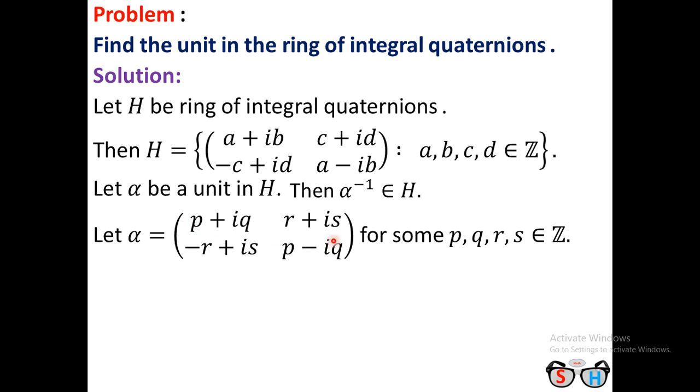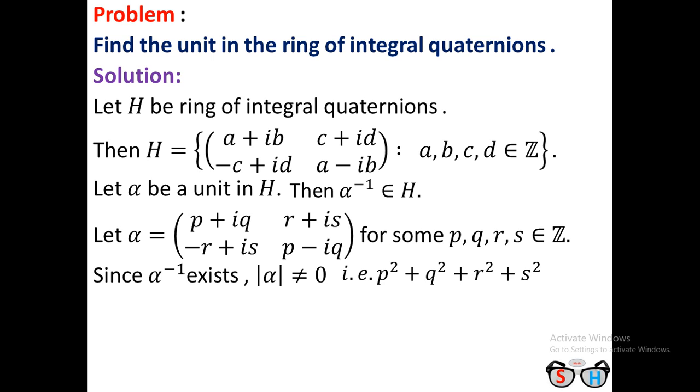Clearly here P, Q, R, S are integers. Since alpha is a matrix and its inverse exists in H, its determinant must be non-zero. If you calculate the determinant of alpha, it will be P square plus Q square plus R square plus S square, and this must not be equal to 0. Since alpha inverse exists, the determinant of alpha must be non-zero, that is, alpha is a non-singular matrix.